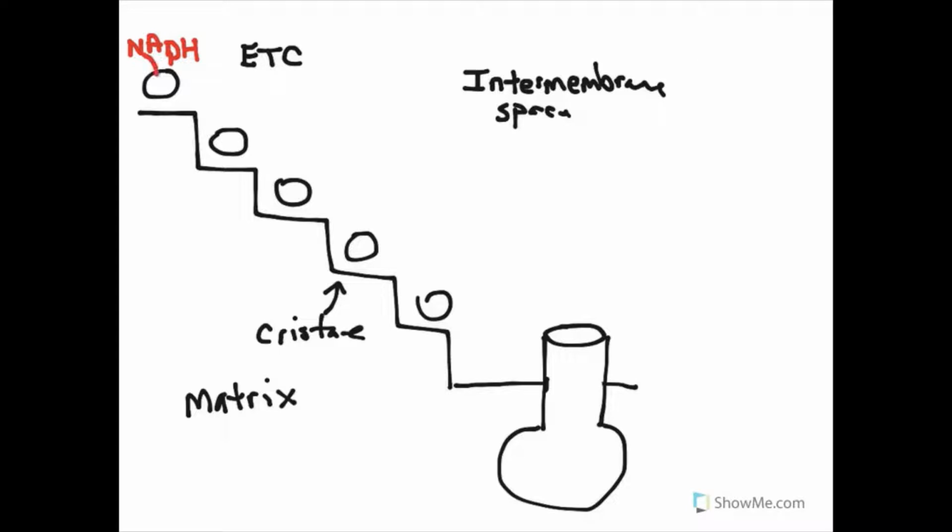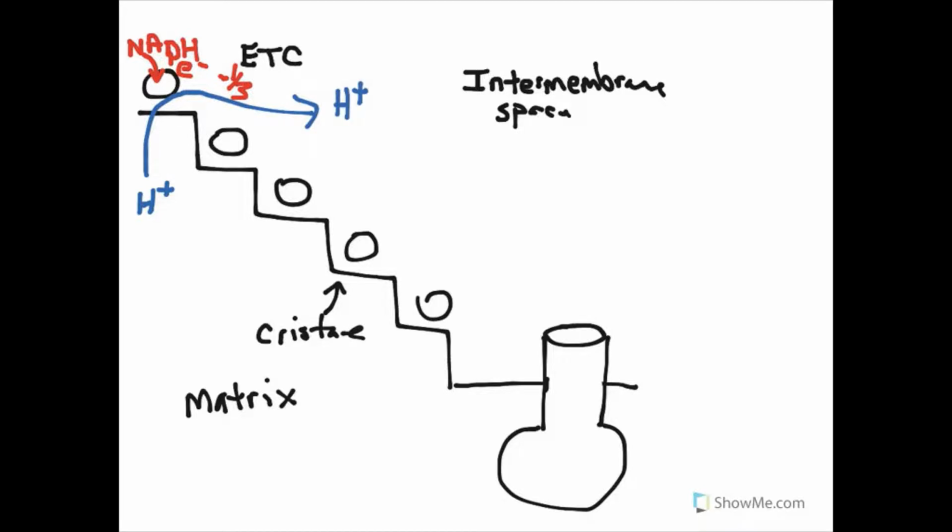So when the electron that it's dropping is passed off, what's going to happen? Let's say that this electron loses about 1/3 of the energy that it had to this first protein called a cytochrome. What is it going to do? These cytochromes are going to take hydrogen ions found in the matrix and pump them up into the intermembrane space.